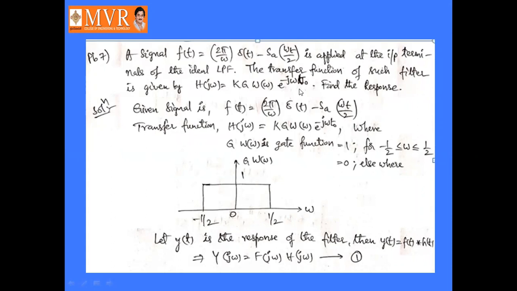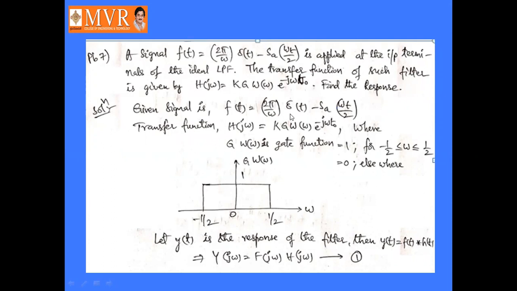The transfer function H of j omega is given, and the input f of t is given. We have to find out the response, that is, the output, right?